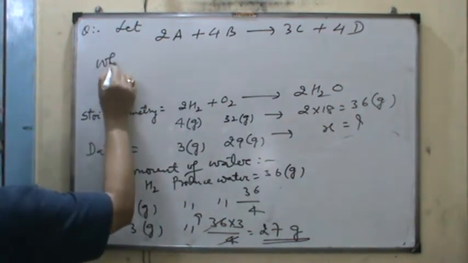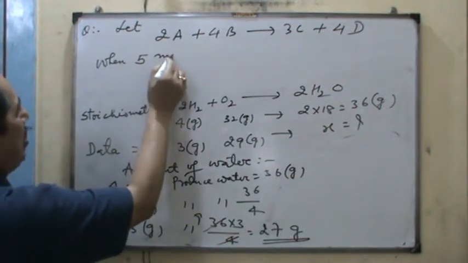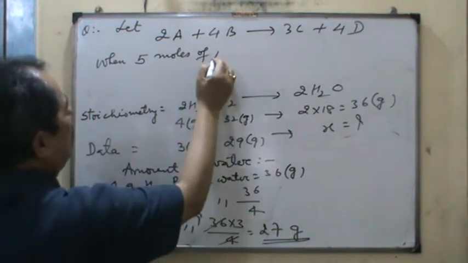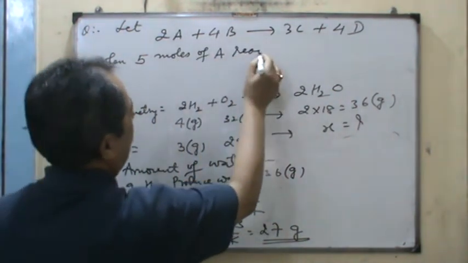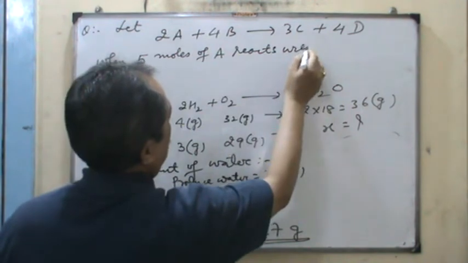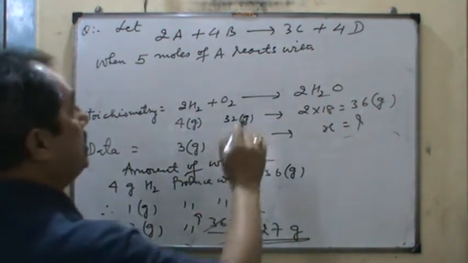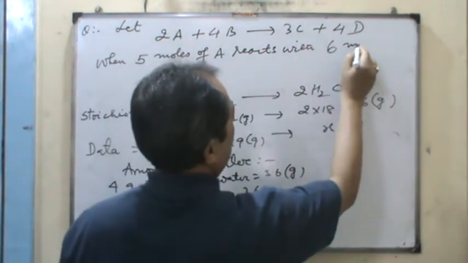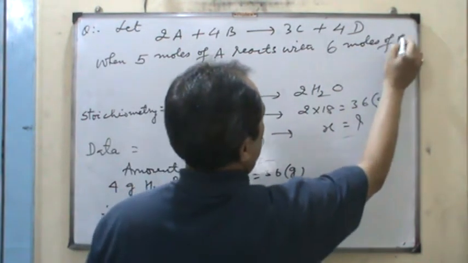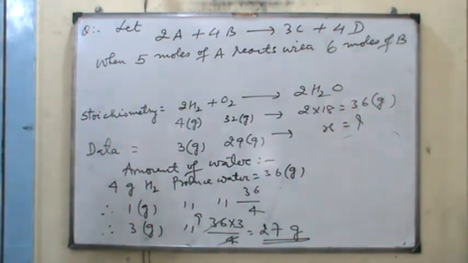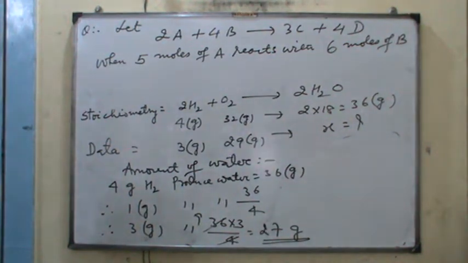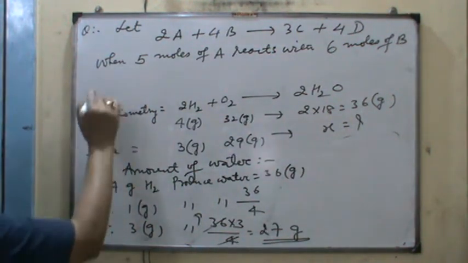When 5 moles of A react with 6 moles of B, then find the limiting reagent and excess reagent.